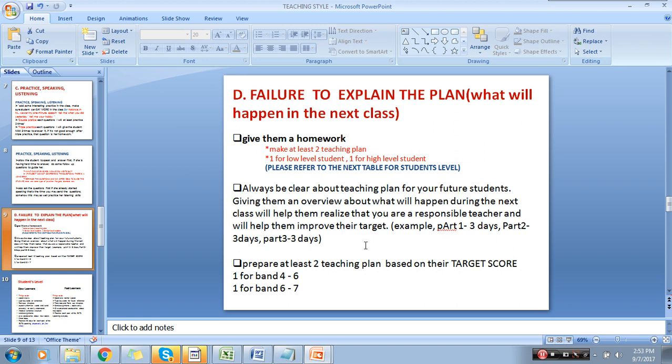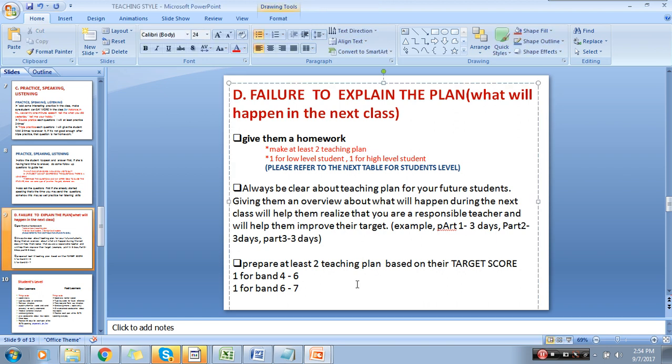Example, for students who are very low, sometimes what I do is I let them finish part 1 for 3 days until such time that they fully understand the method and skills to answer this part. Then after that I will proceed to part 2 and part 3, 3 days for each part, so that this may somehow avoid confusion for them.